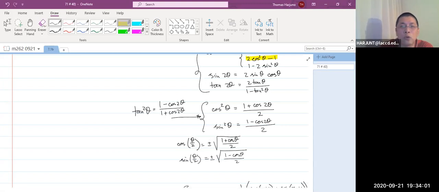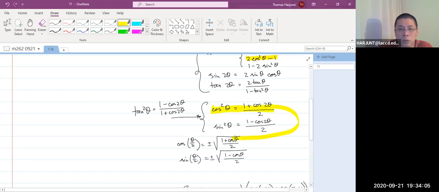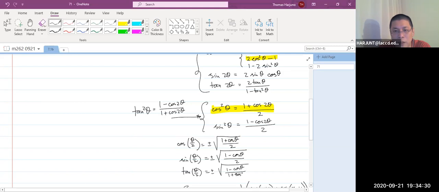But these two formulas, actually from here, you apply the square root to both sides, that's what you get. Now, tangent theta over 2 will be plus minus square root of 1 minus cosine theta over 1 plus cosine theta.